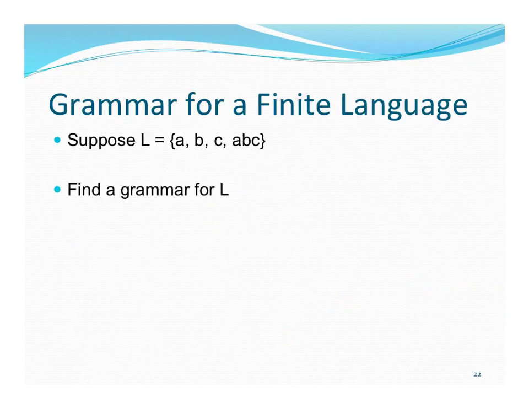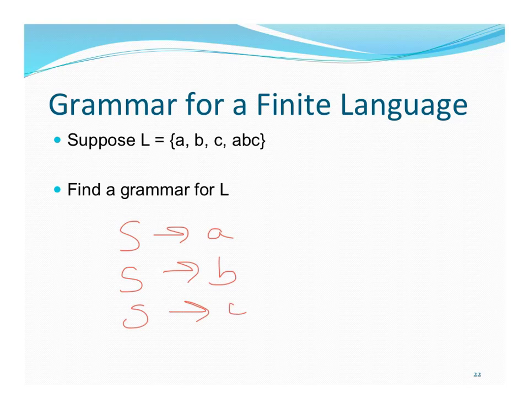Now we know all finite languages are regular, and it can be super simple to come up with a grammar for a finite language. So a grammar for this particular language here could be as simple as S goes to A, S goes to B, S goes to C, and S goes to ABC.